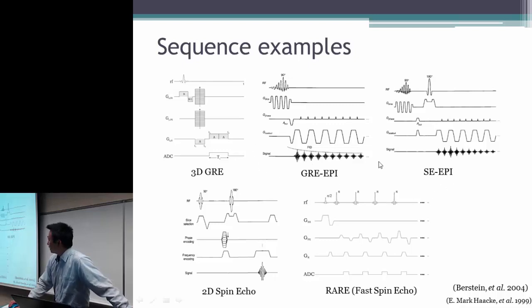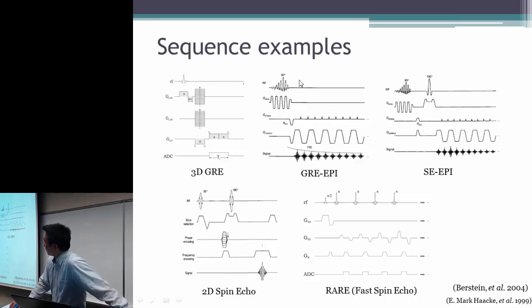So these are the most routinely used sequences that we can come across. Just as we said before, we can break them all down into three simple components. Take the gradient echo EPI, for example.